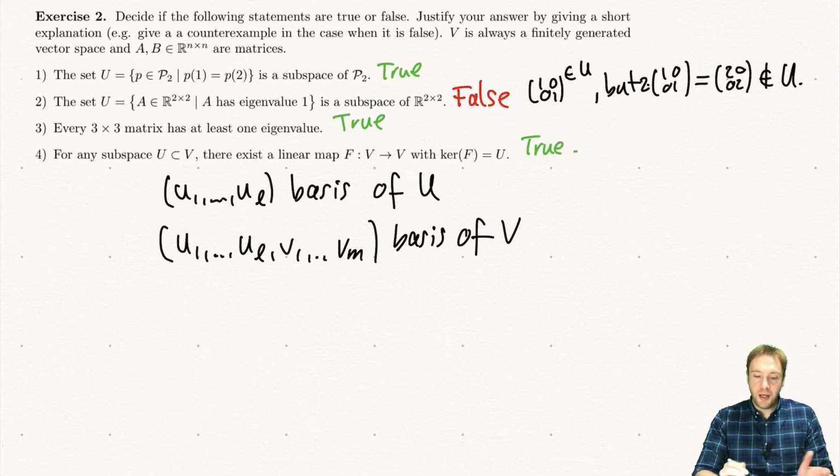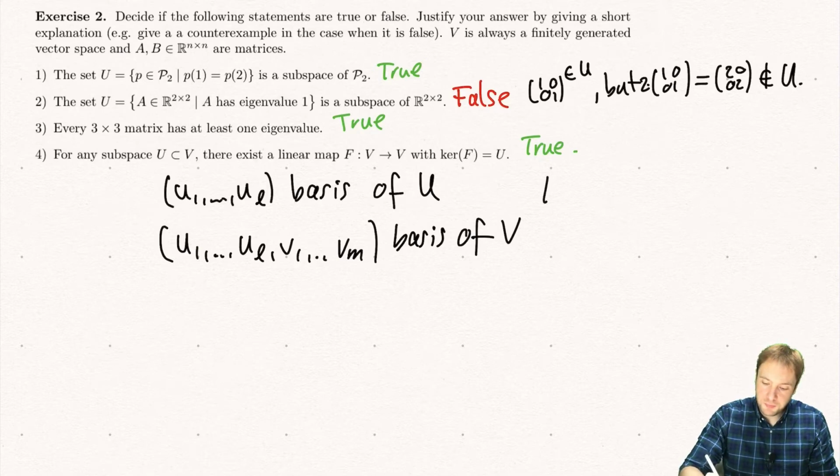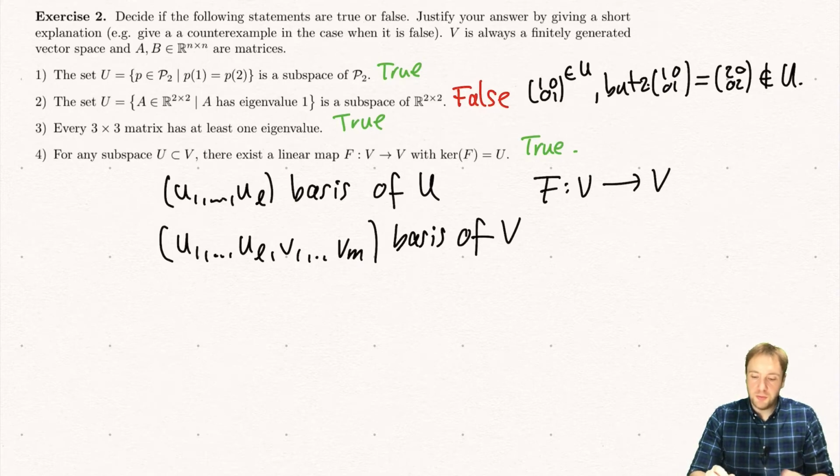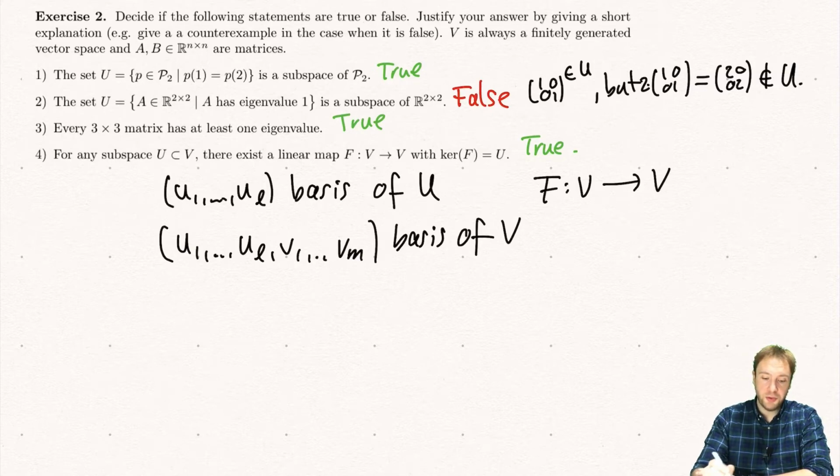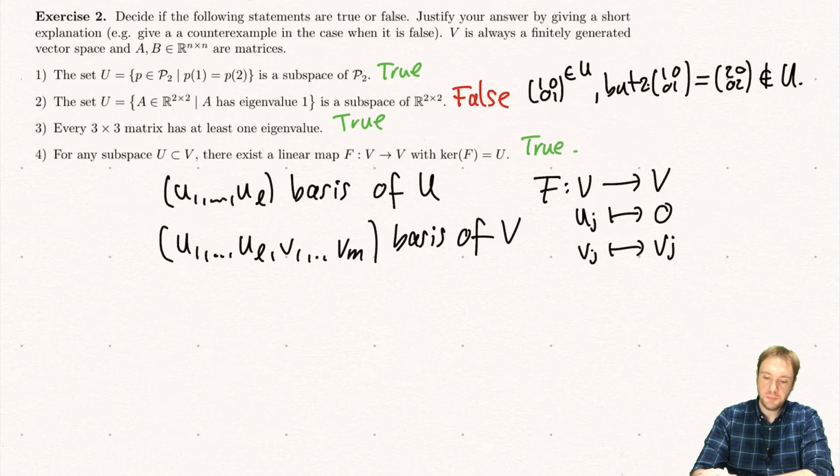V. And now I can define a linear map F from V to V. If I define a linear map, I just need to say what it does on the basis. And what I will do, I will send the UJs to 0, and the VJs I just send to themselves.